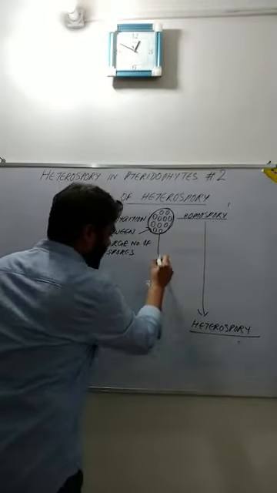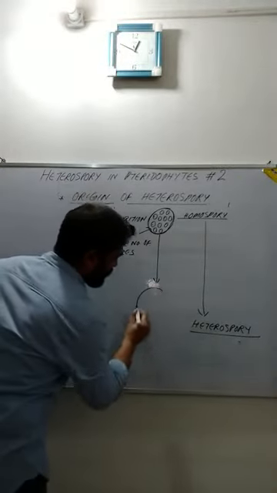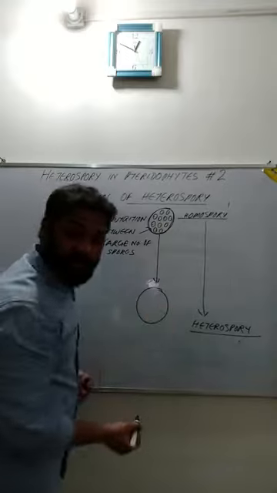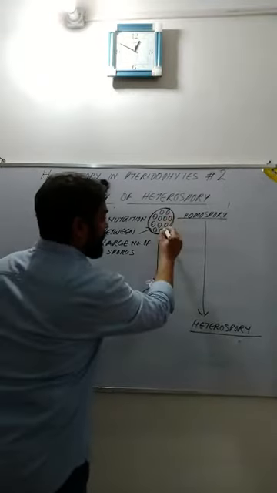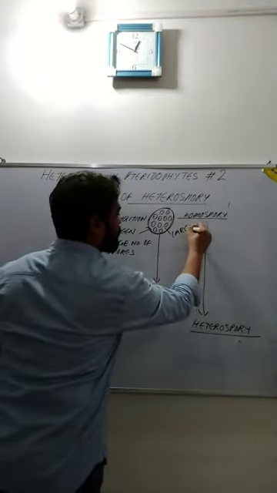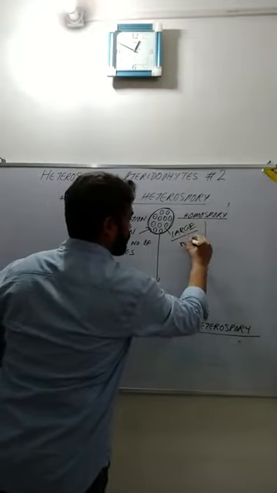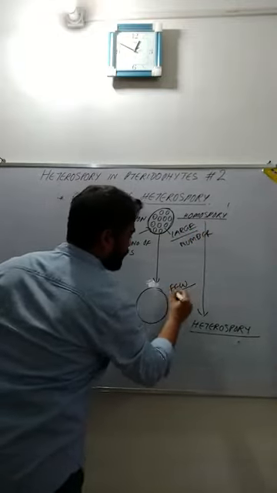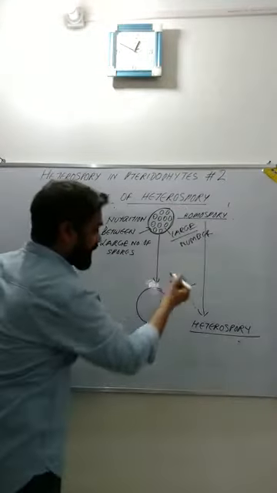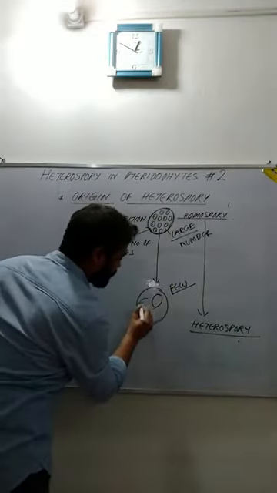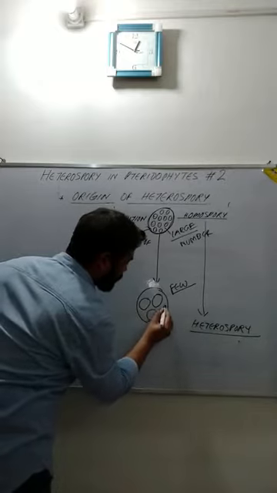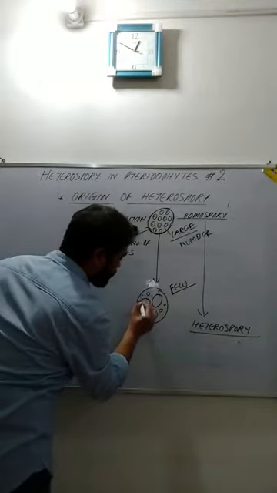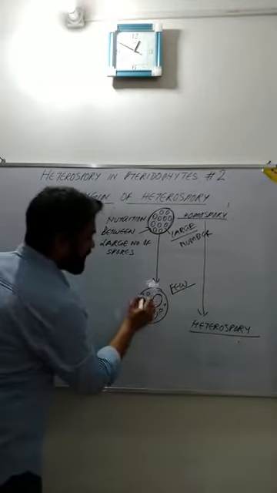But what happened during the course of time, the number changed. Here I have a large number, here I have few. Now I have decreased the number of spores.